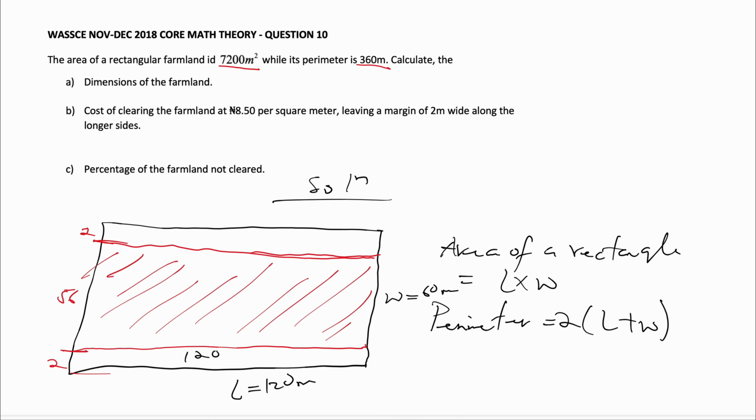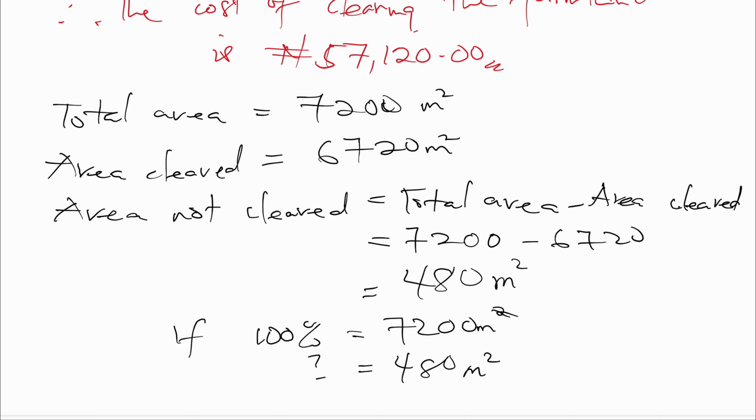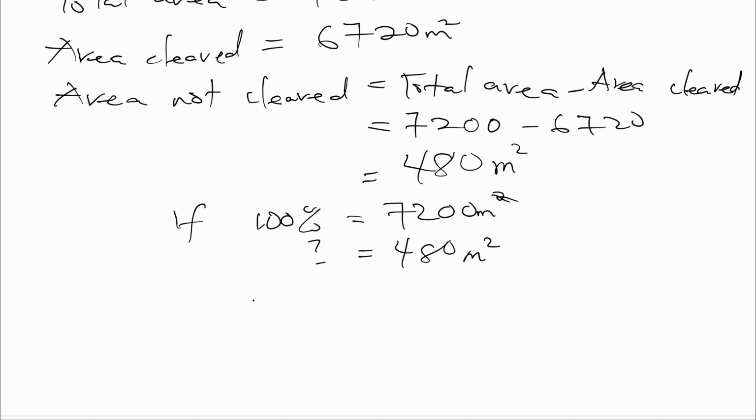Now, if 100% is equal to the total area, which is 7200 meters squared, then 480 meters squared is equivalent to what percentage? This will be equal to 100% times 480 meters squared all over 7,200 meters squared. Meters squared cancels meters squared.